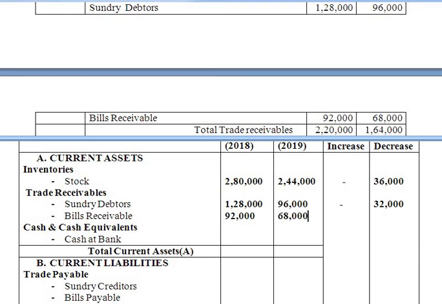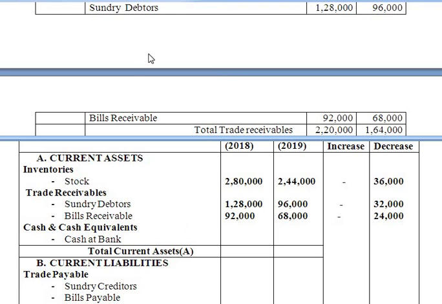Now there is again a decrease in current assets, so the amount will come in the decrease column. How much decrease in bills receivable? 92,000 minus 68,000, it is 24,000.